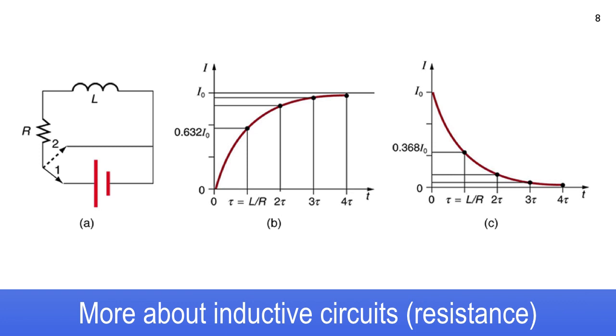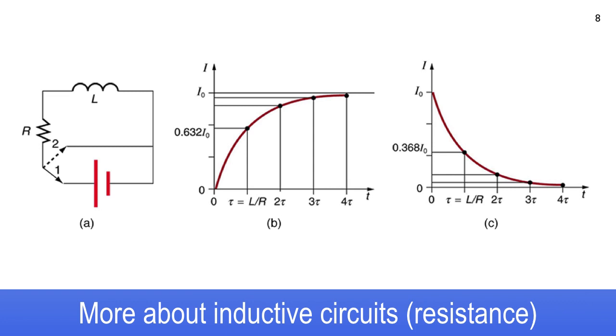The way that this one would work, when the switch is switched to number 1, the maximum current is going to stabilize at some level, and you're going to have energy stored in the magnetic field of the inductor L. See, there's the semi-curly symbol of the textbook for an inductor.